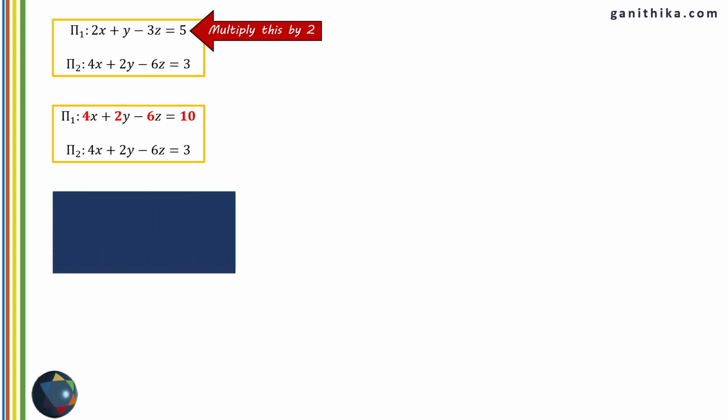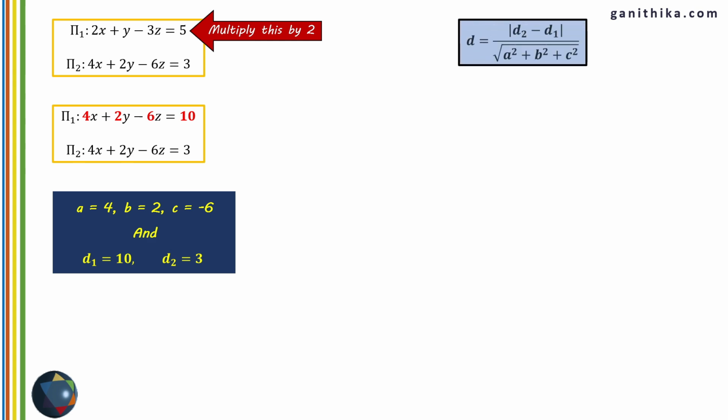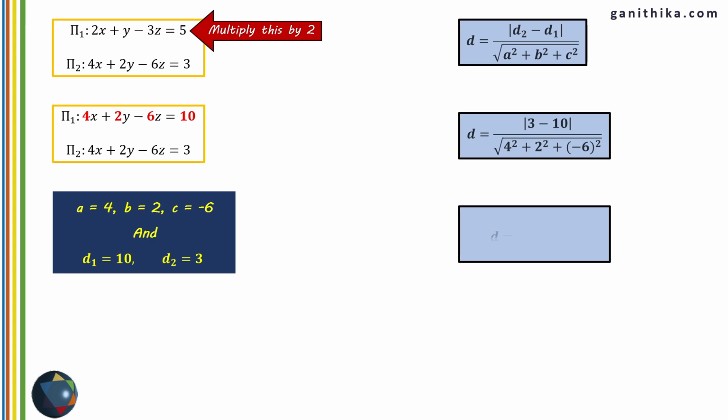So now you can see that the coefficients are the same. So you can easily say that a is 4, b is 2 and c is -6, and d1 and d2 are 10 and 3. You can choose either as d1 or d2, because you are anyway going to use the modulus, it doesn't matter. So here is the formula for the distance. Simply substitute the values and simplify.